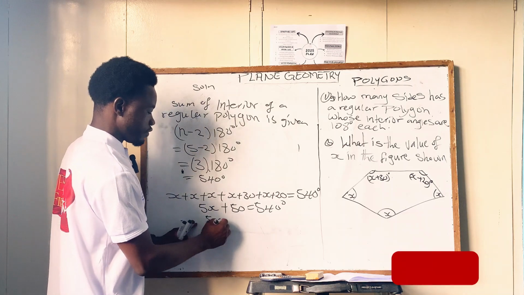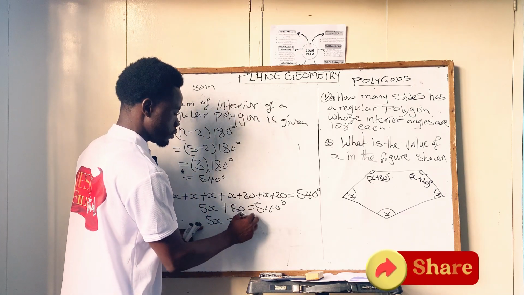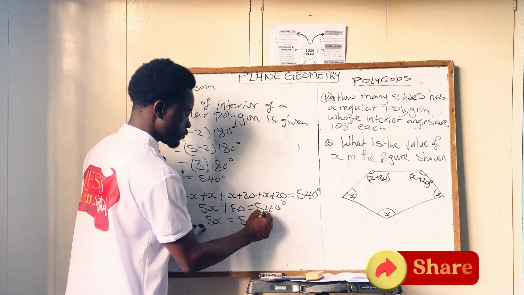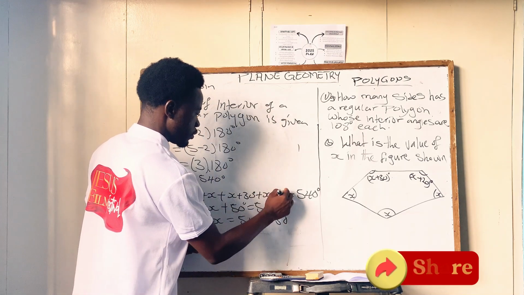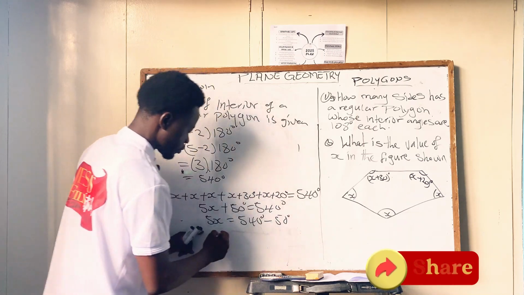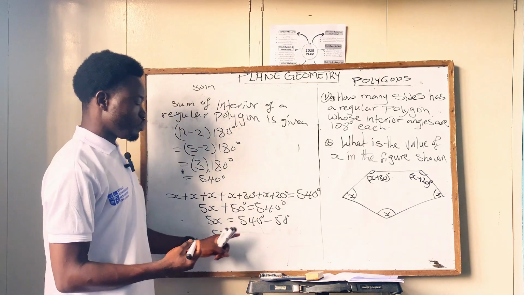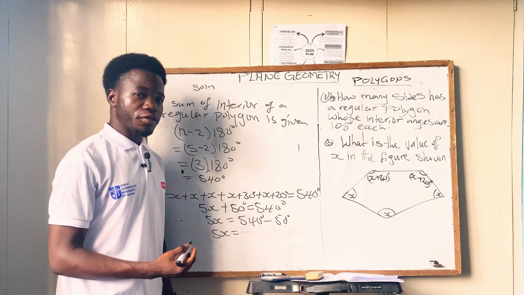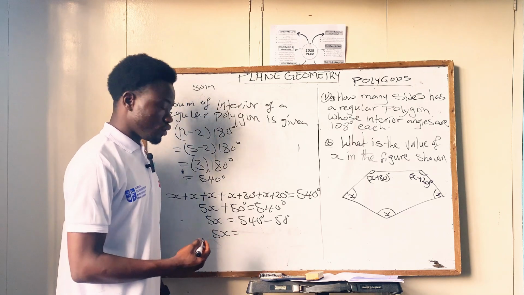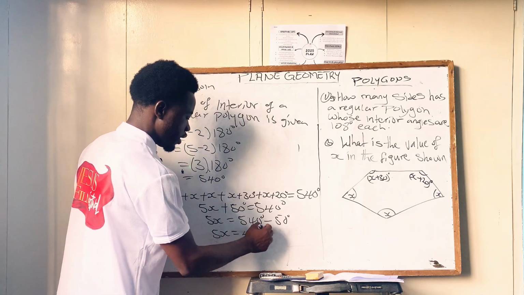We group like terms, sending this 50 across the equal sign and it becomes negative. So you subtract the 50 from it. So 5x is going to be equal to 540 minus 50, which is going to give me 490 degrees.